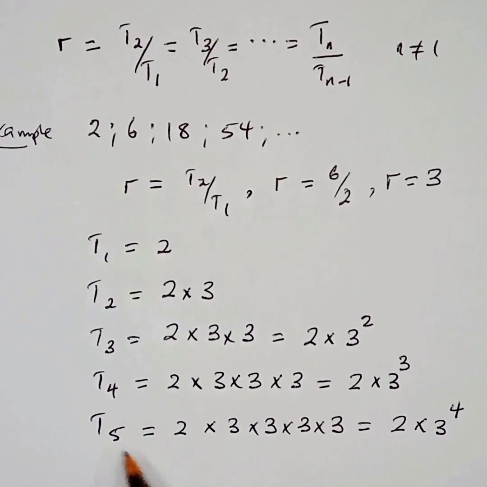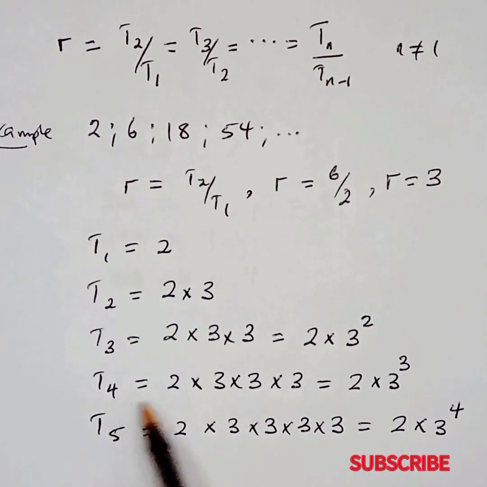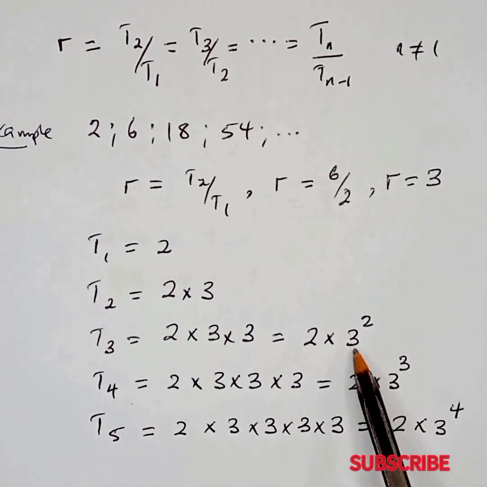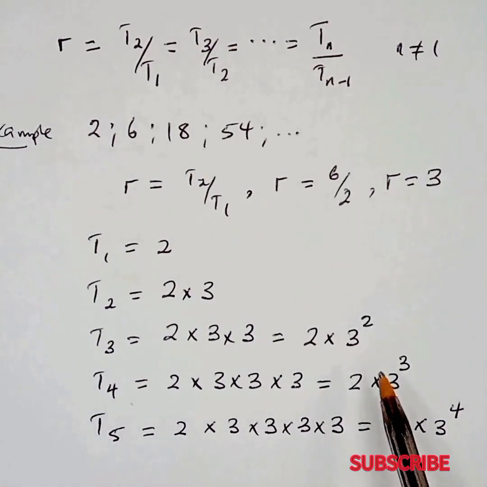So we're going to say 2 times the common ratio to the power of n minus 1. In this same manner, T4 is equal to 2 times 3 to the power n minus 1, because n was 4, so 4 minus 1 gives us 3. The same thing applies to T3.